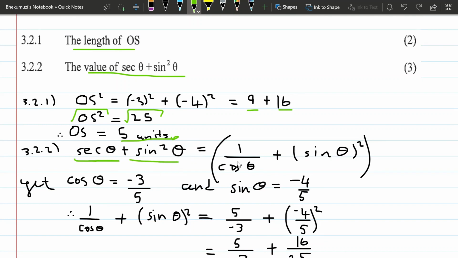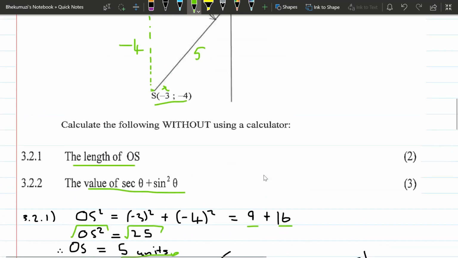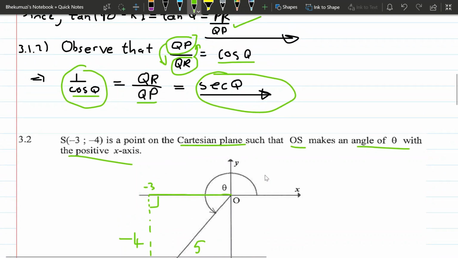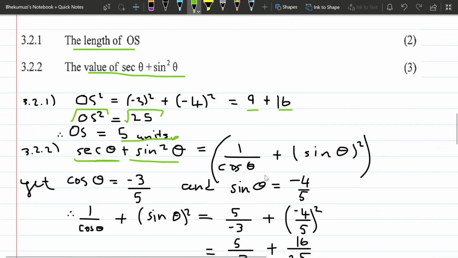Now sec theta is actually 1 over cos theta, which are both inverses of each other. And also at the same time, sine squared theta, or sine to the power 2 theta, is actually sine theta all to the power 2, as you can see in the bracket over there.